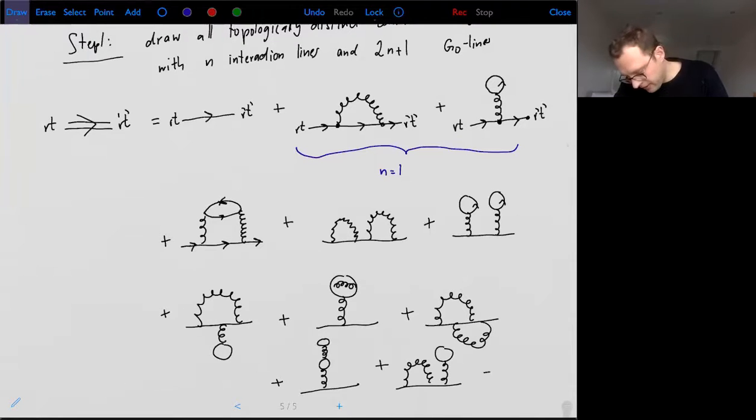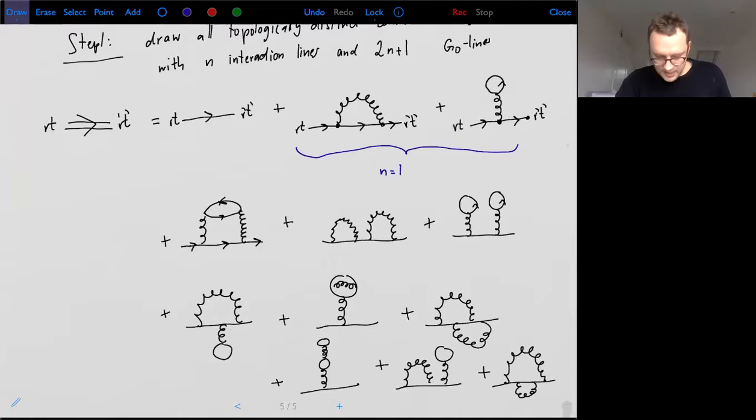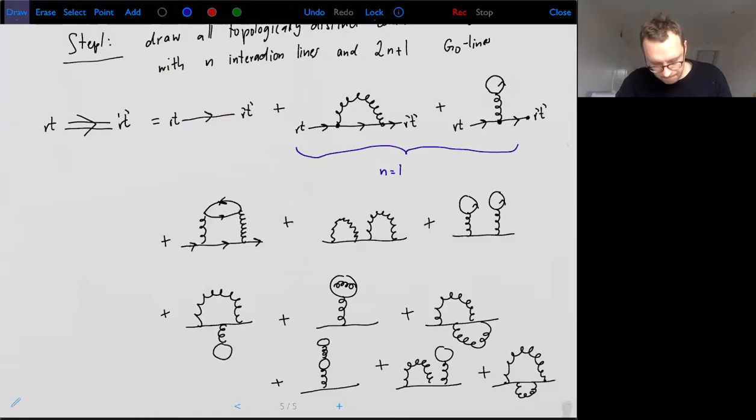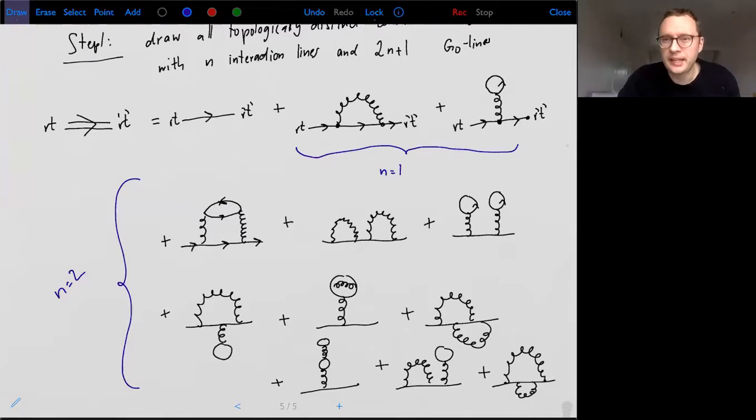And finally, I could have something like this. Right. So these are actually all the n equals 2 diagrams that you can construct. And you see, that's already quite a number. And the number of diagrams that you can construct grows relatively quickly with the number of interaction lines.